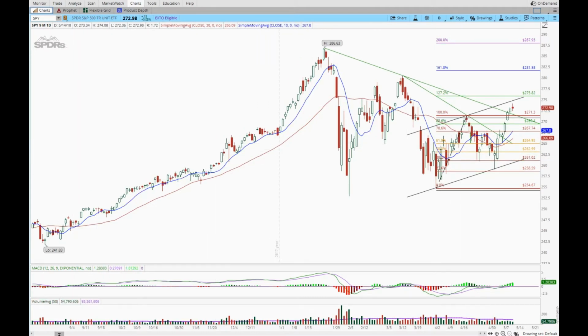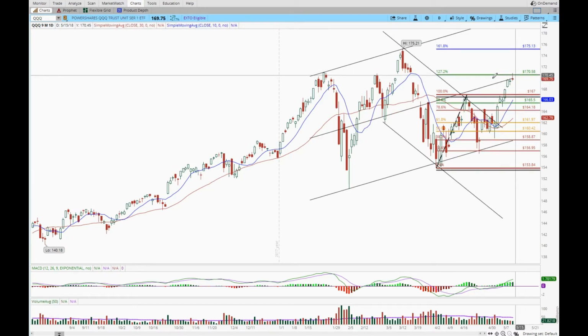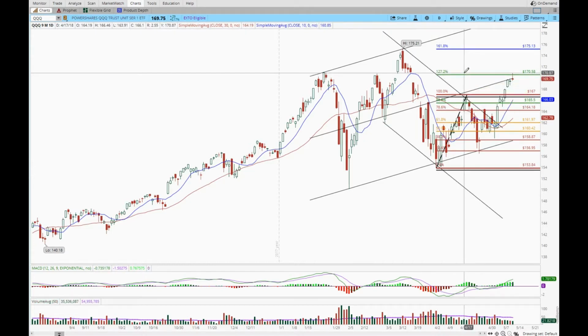So spiders actually went up 0.05% on Monday action. Then the next one up was QQQ. So if you see, QQQ also found resistance at 170.58 here today at the 127.2 level.